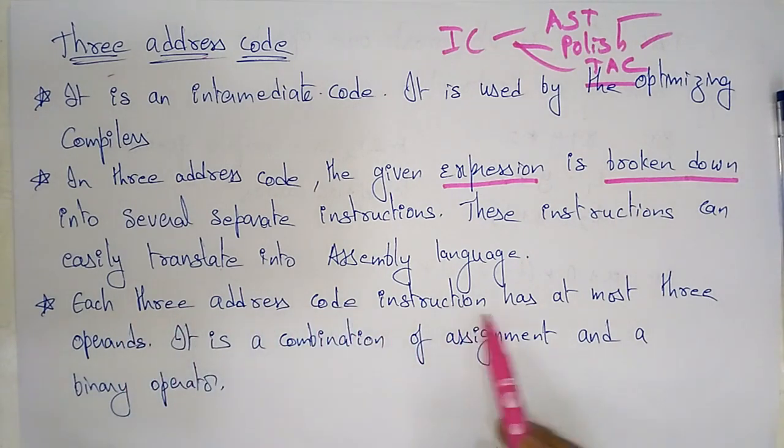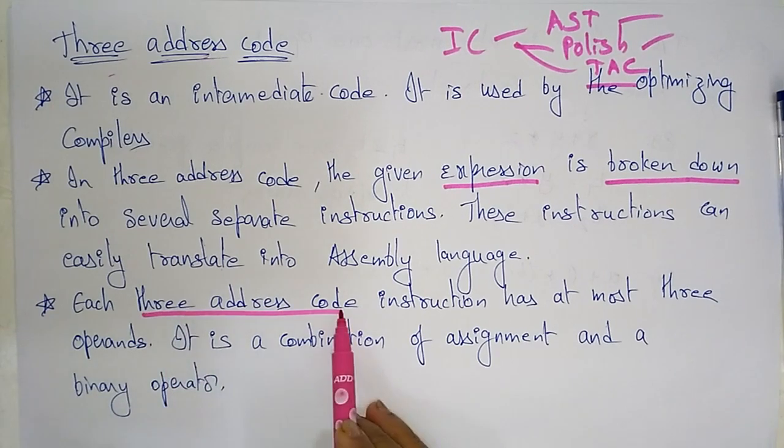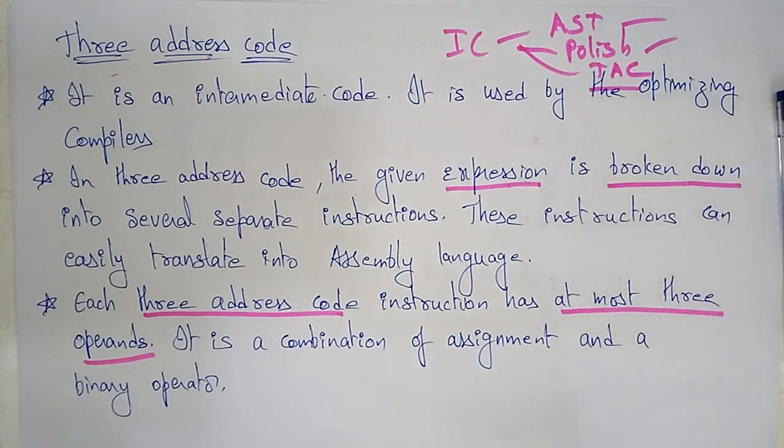Each 3-address code instruction has at most 3 operands. Remember, at most 3 operands; beyond that you can't.